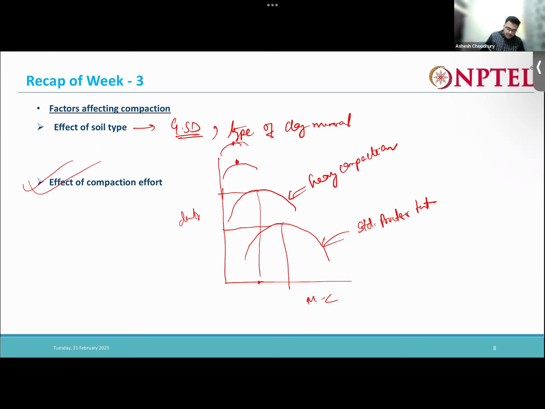So these are all the optimum points, so if you join all these points, this is actually known as the line of optimums. Okay, but still, however much energy you put in, you cannot touch the zero air void line. Obviously, you can get very close to it, but you can never touch the zero air void line.